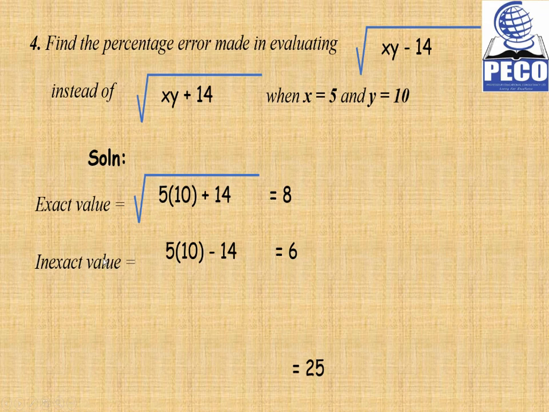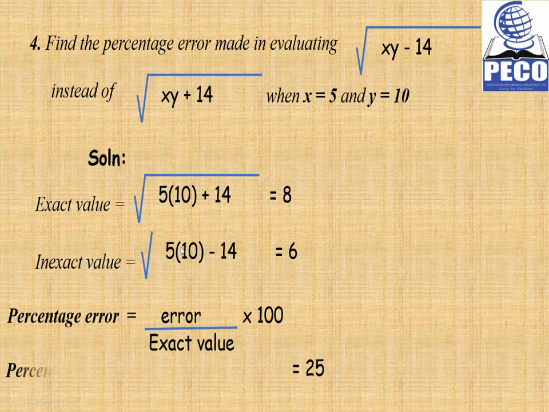Now the wrong or inexact value is this. You substitute: 50 minus 14, which is 36. So the square root of 36 is 6. So percentage error is the error, which is the difference between these, over the exact value, which is 8, times 100 to give us 25%.